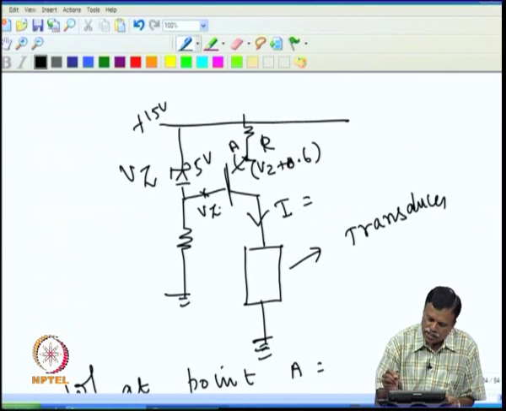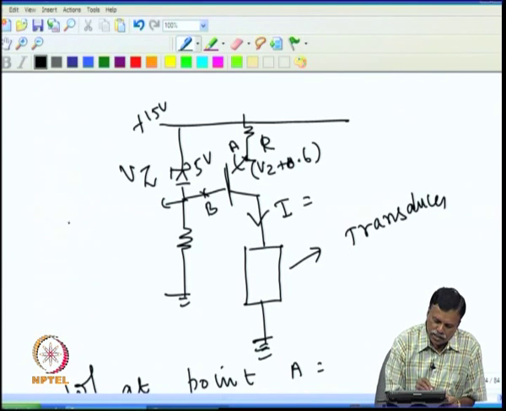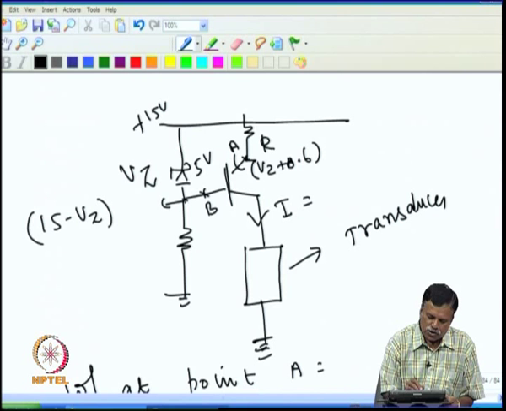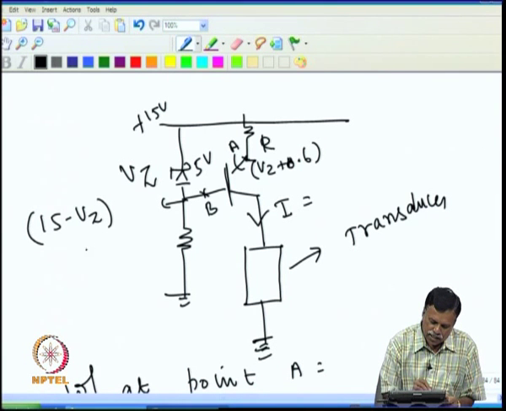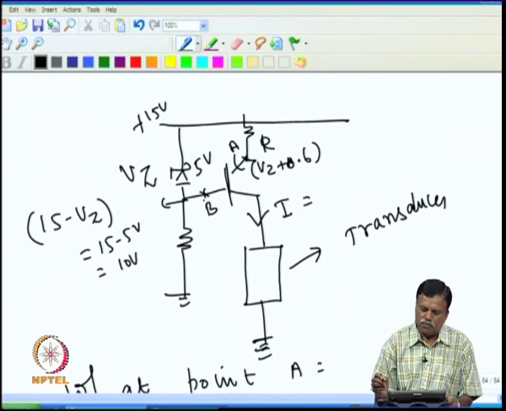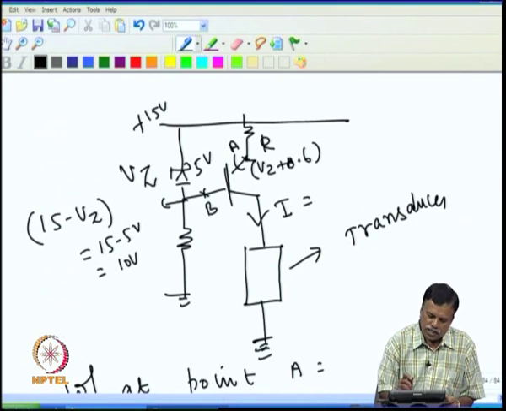So, voltage at this point B will be 15 minus Vz, because this is 15 and the voltage across this is 5. That will be 15 minus 5, that is 10 volt. So, voltage at B will be 10 volt.